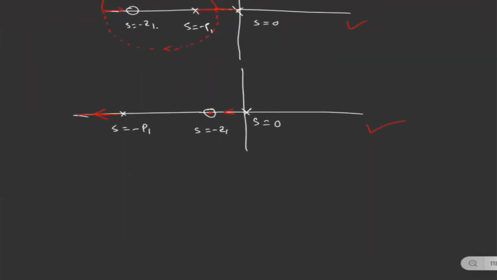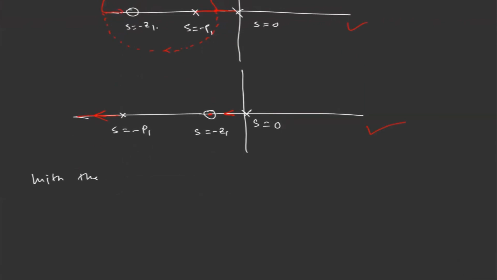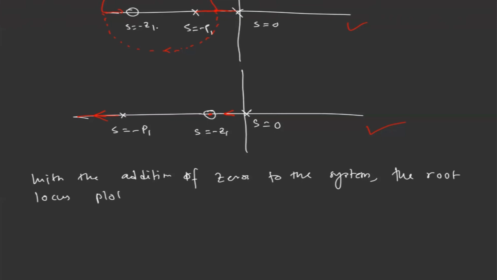So we can conclude from this part, we can write here: with the addition of zeros to the system, the root locus plot bends further into the left hand plane.